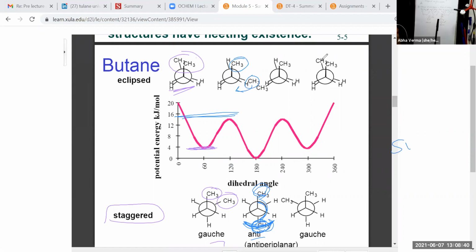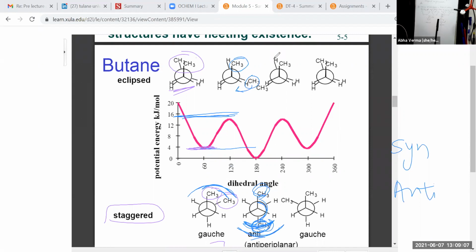Okay, so there is this word called syn. Syn means same side. Anti means opposite side. So this 16 kilojoules per mole instead of the maximum possible 20 kilojoules per mole exists because of this small difference.